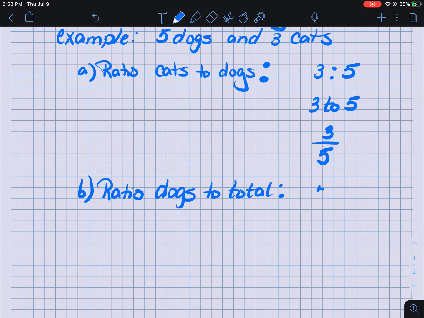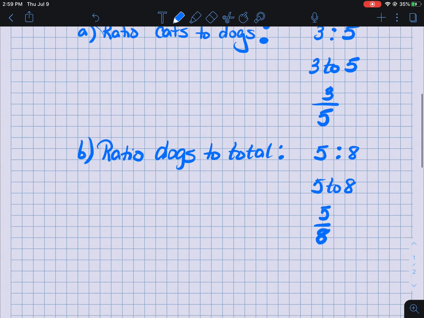So I would say 5 colon 8, or 5 to 8, or more usefully 5 over 8. Okay, so that's what we do with a ratio. You've probably seen that before, and you'll see simple questions like that, but you want to make sure you're understanding them.